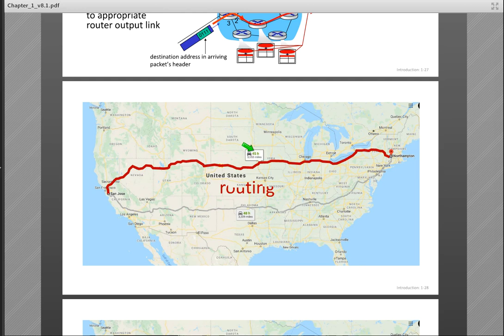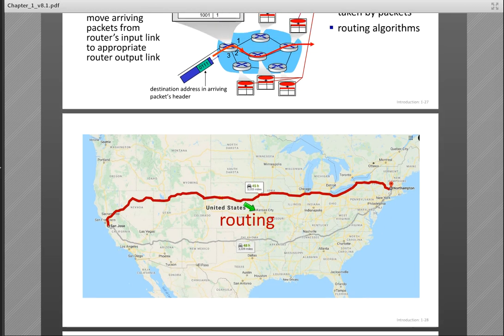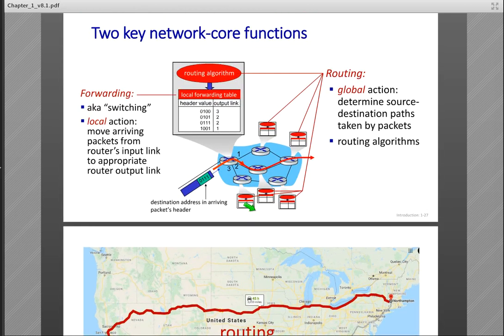Maybe in this picture you can see that you can drive the red road in 45 hours, and the gray road needs 48 hours. So it seems the red one is shorter than the gray route.